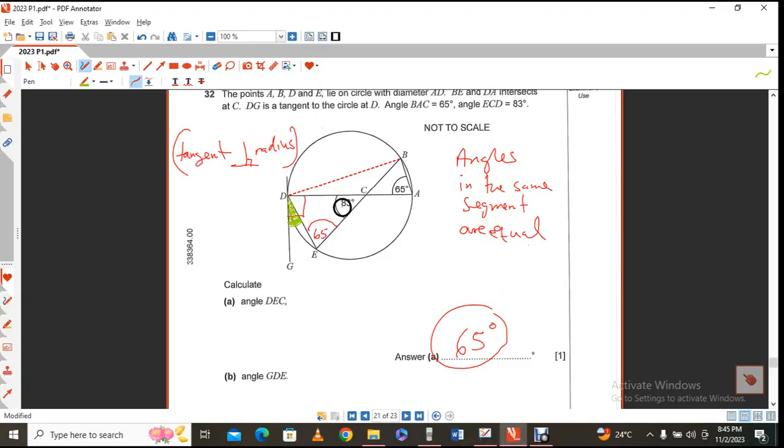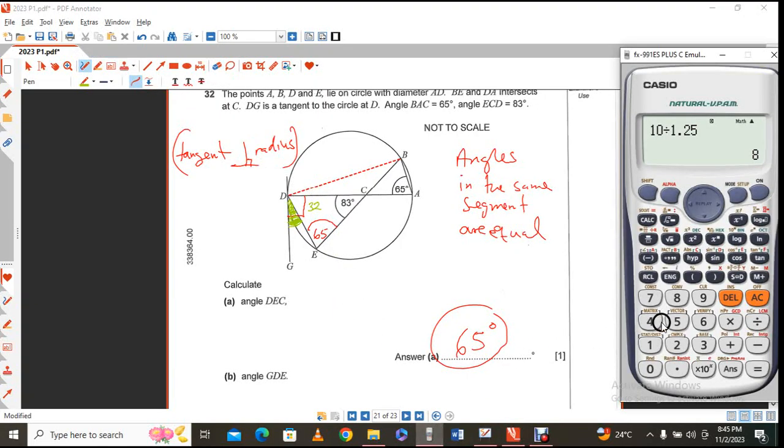But let's look at this triangle DCE. If that is 83 and 65, then this angle over here is 32. And 32 comes from the angle sum of a triangle. You take 180, subtract 83, subtract 65, I get my 32.